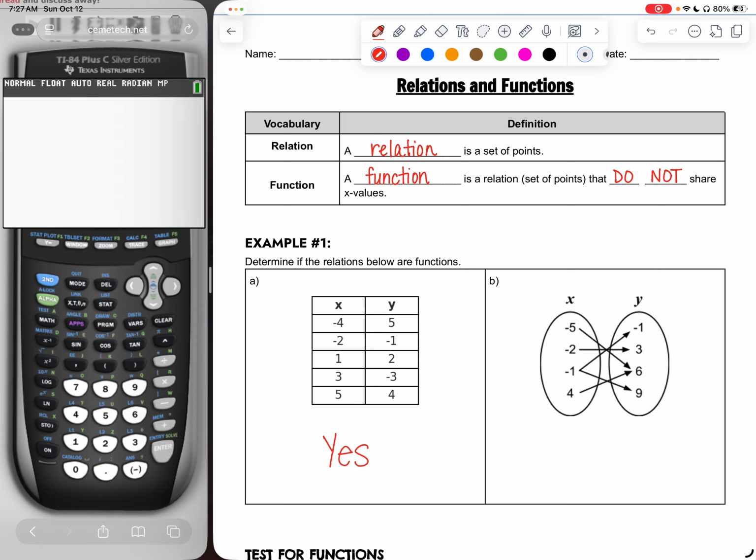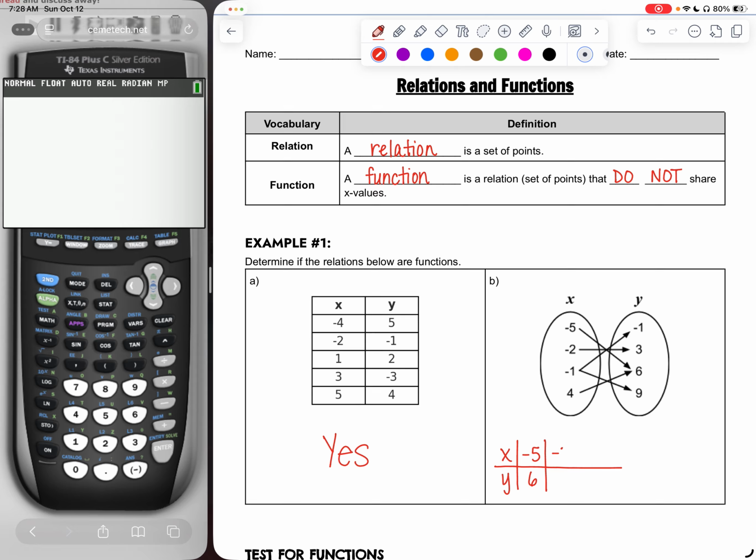If I look at this mapping diagram, what may help me is if I were to make an actual table of this information. I'm going to have my x's, I'm going to have my y's. As we can see, the -5 as the x value goes with 6, which is the y value.